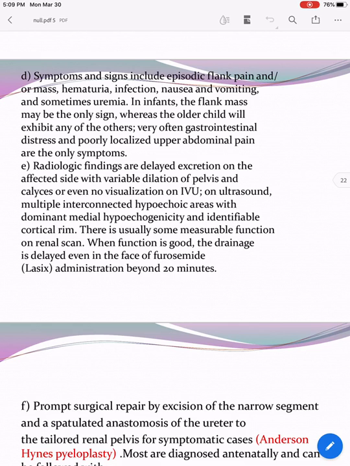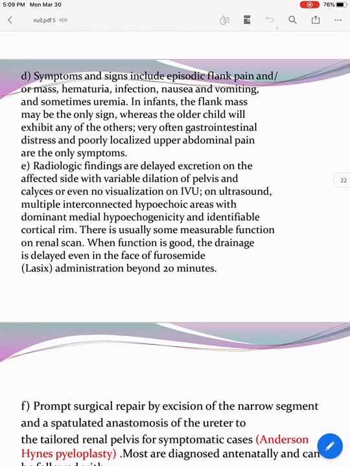There is a delay in the excretion of the contrast. There is sometimes ballottement of the renal pelvis, like ballottement of the head of the baby during labor. There is loss of normal cupping of the calyx, loss of the normal convex shape of the calyx, and a more straight calyx in shape. And then later on, there will be clubbing of calyces.